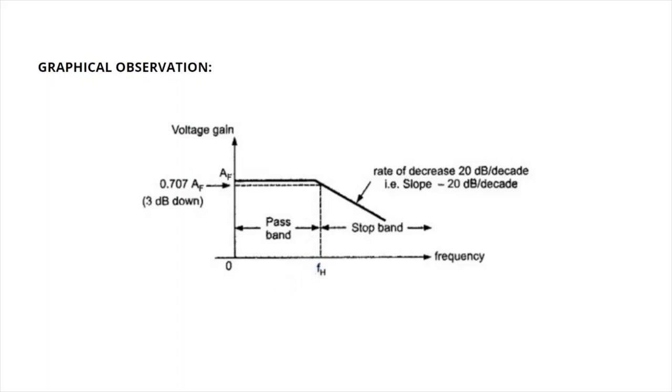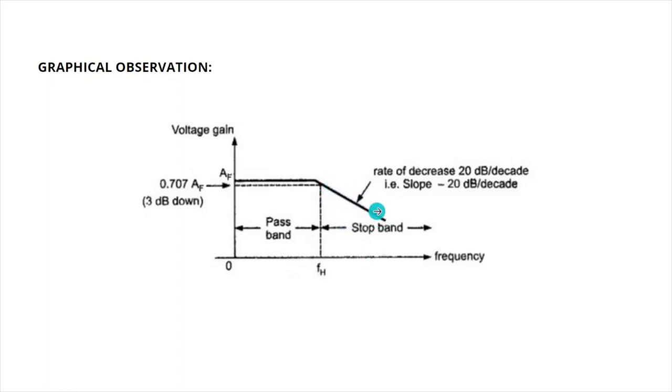Below cutoff frequency we are getting constant gain, equal to the magnitude of AF. At cutoff frequency the gain is equal to 0.707 AF.